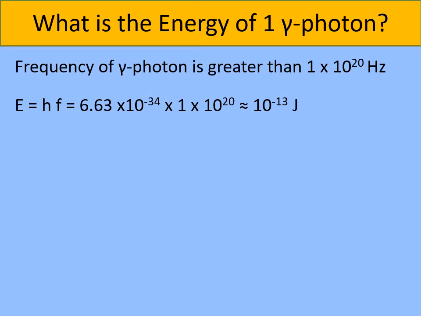This is a very, very small amount of energy on a human scale, so we don't notice the effects of individual gamma photons. However, some astronauts in space have reported seeing flashes of light as individual cosmic rays, which are high energy gamma photons, have passed through their eyeballs.